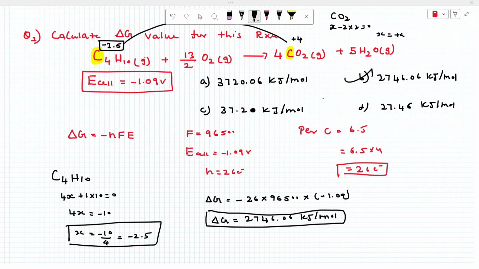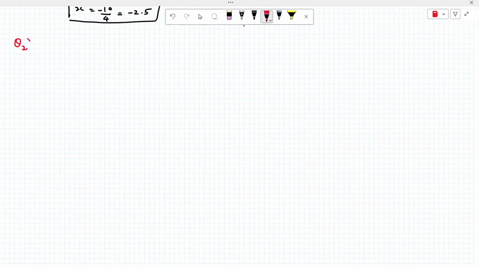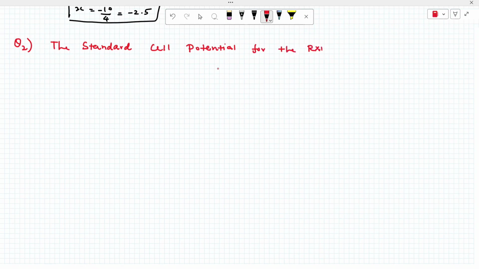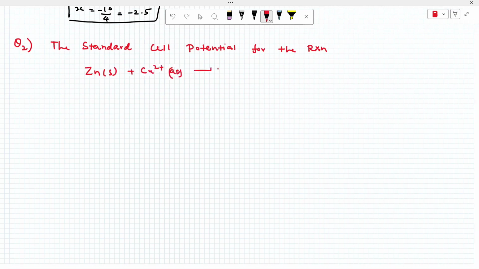Okay. Now go with the second. Second question is simple. Then solve it. Try this question. Second question: the standard cell potential for the reaction Zn solid plus Cu2+ aqueous in equilibrium with Zn2+ aqueous.